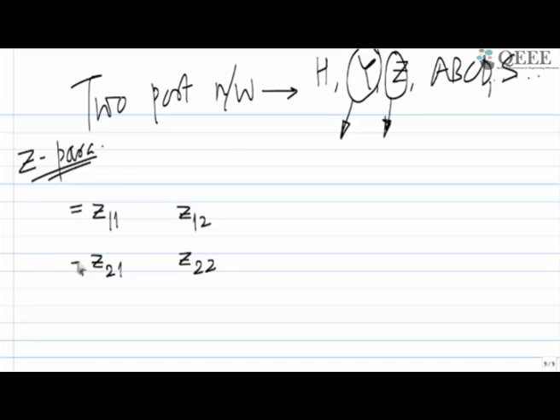For Z parameters, Z is impedance and it's always V by I. So the left side I should write as voltages. V1 is defined as Z11 times I1 plus Z12 times I2, and V2 is equal to Z21 times I1 plus Z22 times I2.